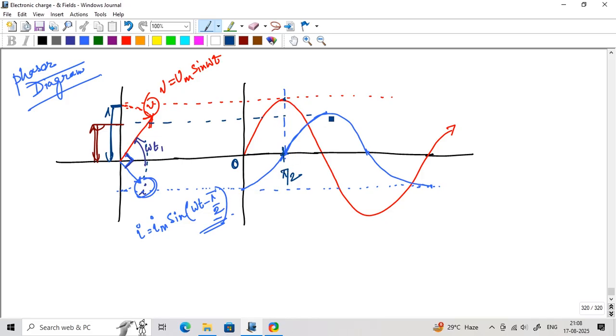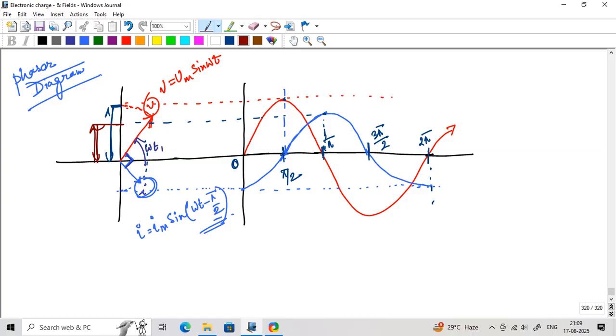And when current is maximum, that's called pi, so voltage being 0, and that is pi, that is 3 pi by 2, and that is equal to 2 pi. Clear? That's the full cycle, a full time period, and that's the phasor diagram when AC voltage is applied on an inductor. Okay.